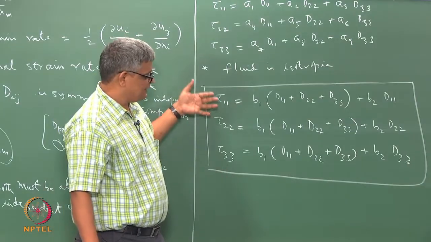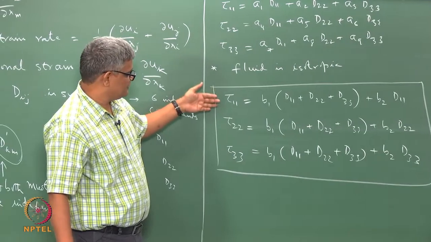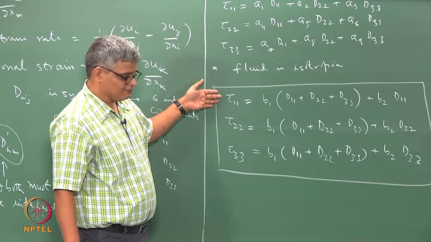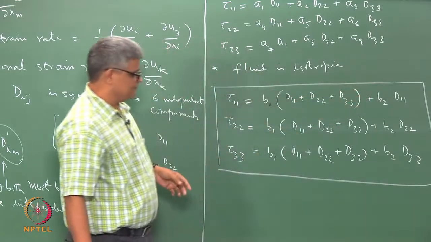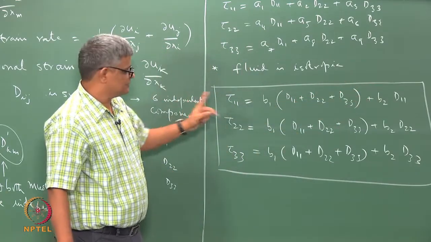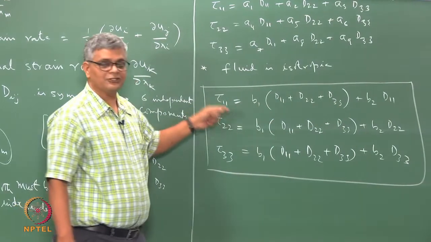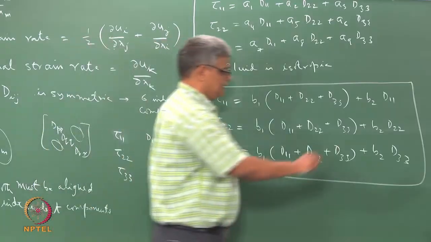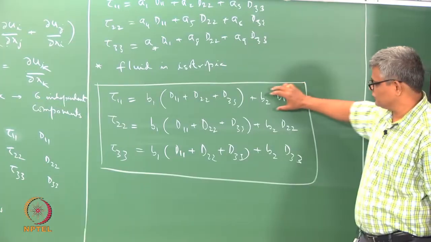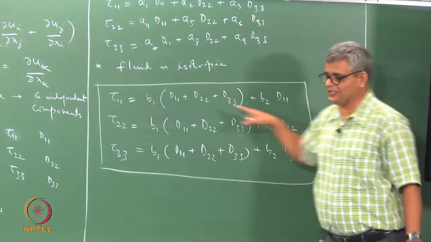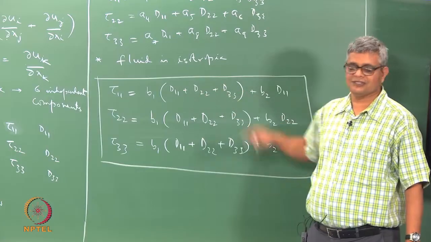So this is a generic description of a linear relation between the principal stress components and the principal deformation rate tensor components involving only two constants, B1 and B2, and which is isotropic because you have a deformation D11 associated in the direction of stress, and a transverse component coming here.